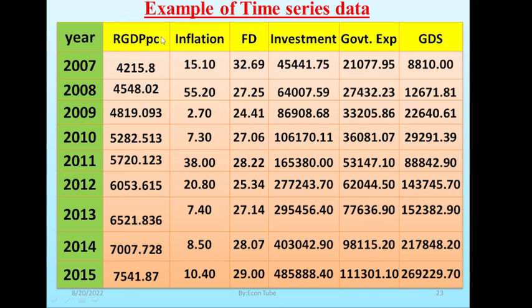China's data from 2007 to 2015 about their economic growth, their inflation, foreign investment, financial development, investment, government expenditure, gross domestic saving. This data is collected for one entity over n time periods. This is time series data.